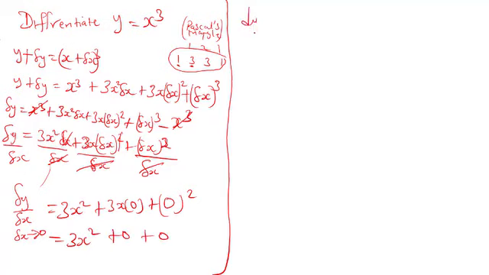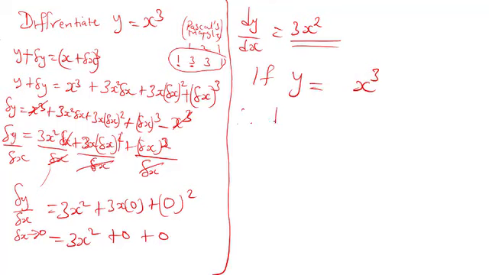So we now have dy/dx equal to 3x squared. Now this is it for first principle. So if y is equal to x cubed, then dy/dx is equal to 3x squared.